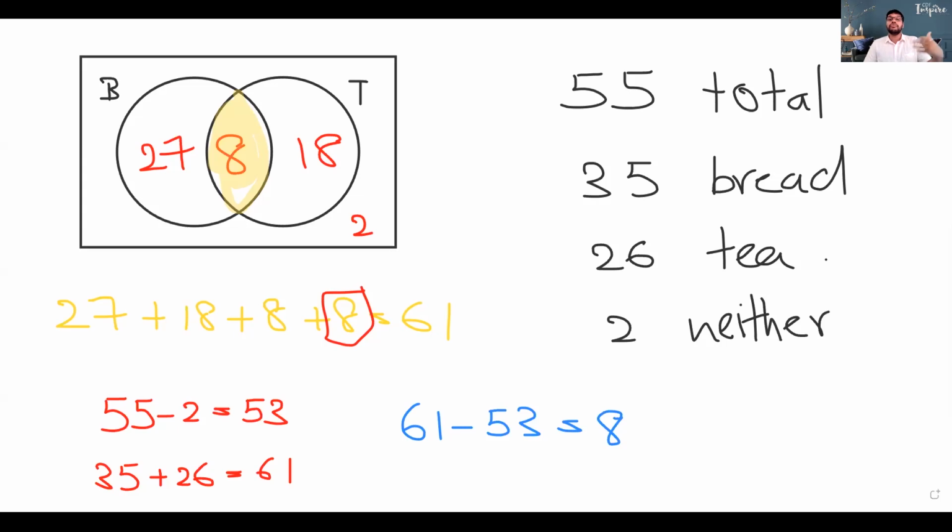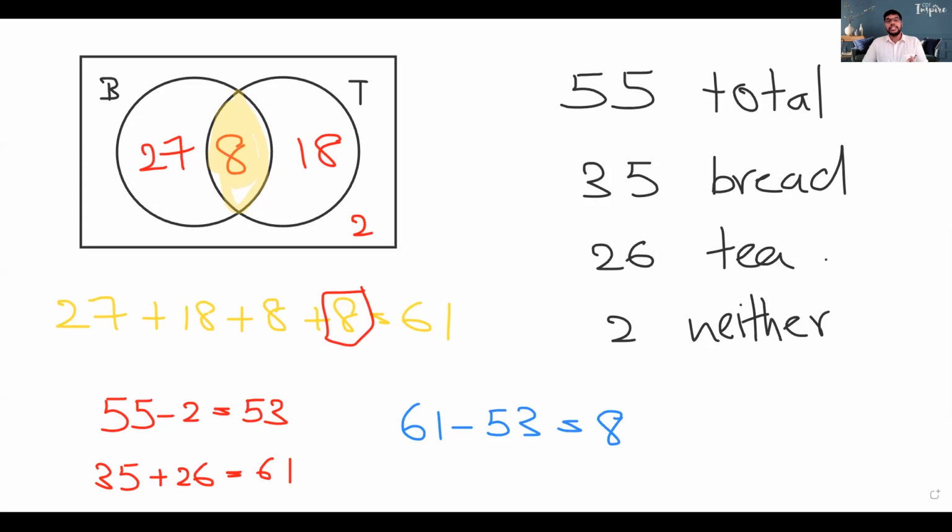Right? So then once I fill in 8, I can find the other numbers, children. Because remember, out of the 35 who ate bread, 8 also drank tea. So from 35 you subtract 8 and you have 27 remaining who only ate bread and didn't drink tea.